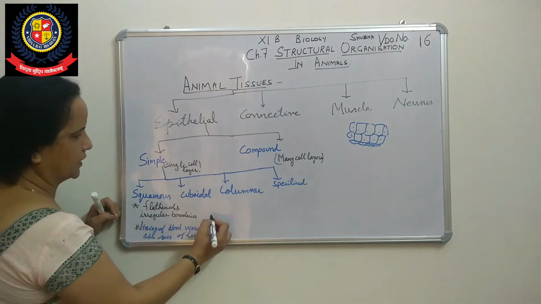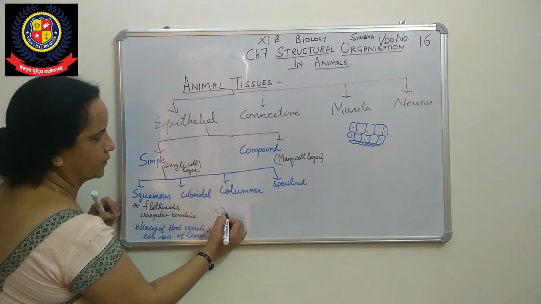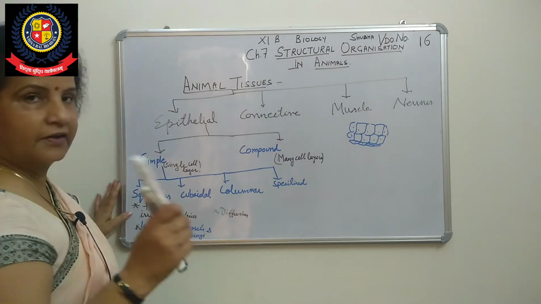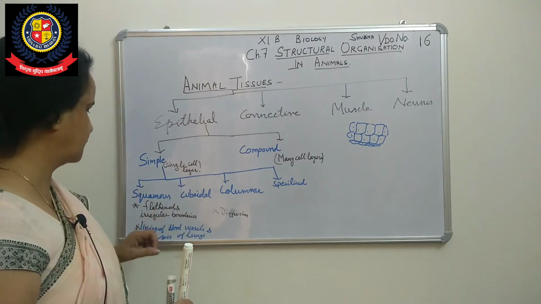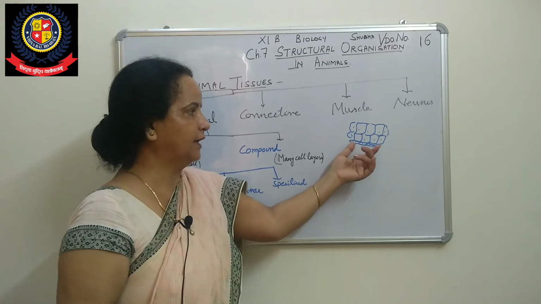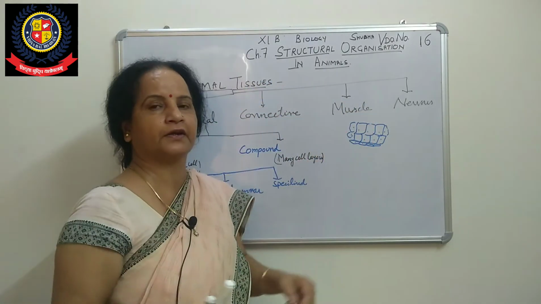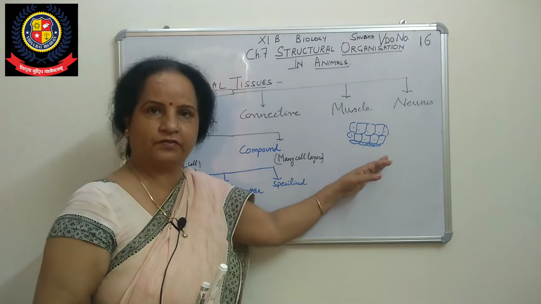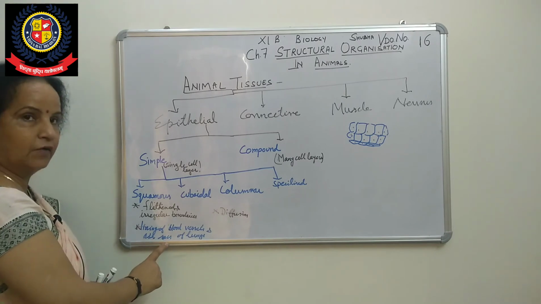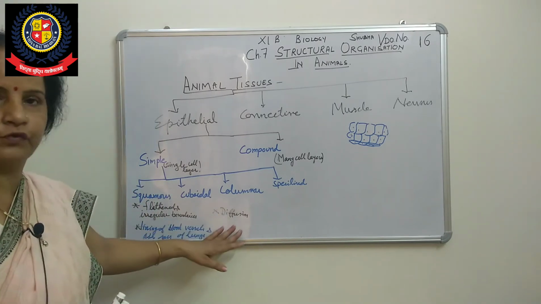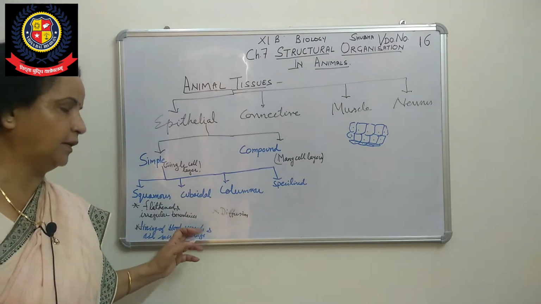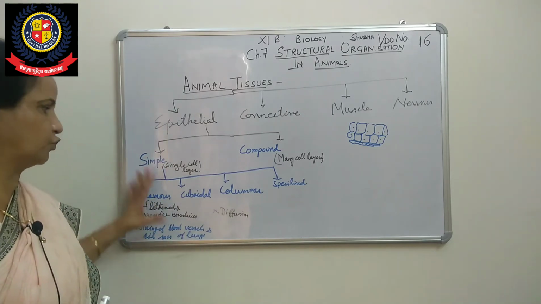The characteristics of squamous tissue are flattened cells with irregular boundaries, meaning there is no systematic pattern in the boundaries. They are present in the lining of blood vessels and air sacs of lungs. The main function is diffusion of oxygen and carbon dioxide. So this is about squamous tissue.